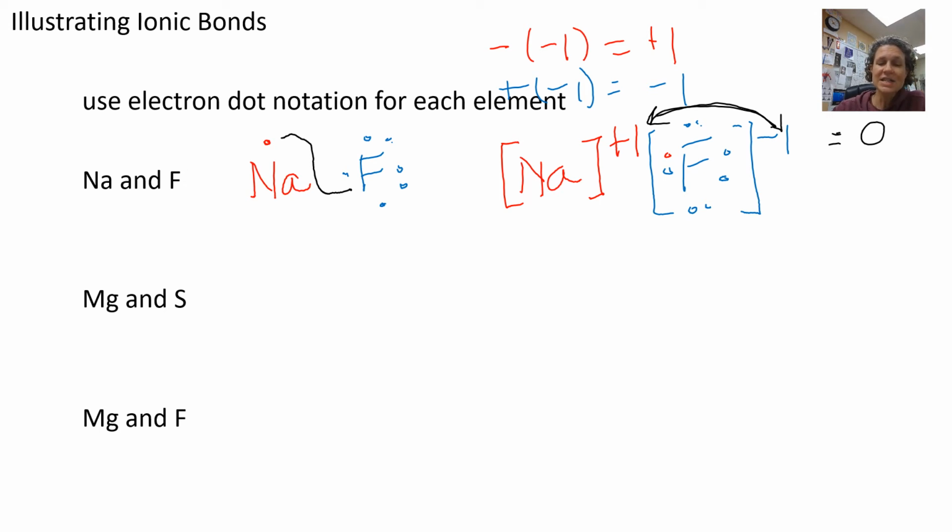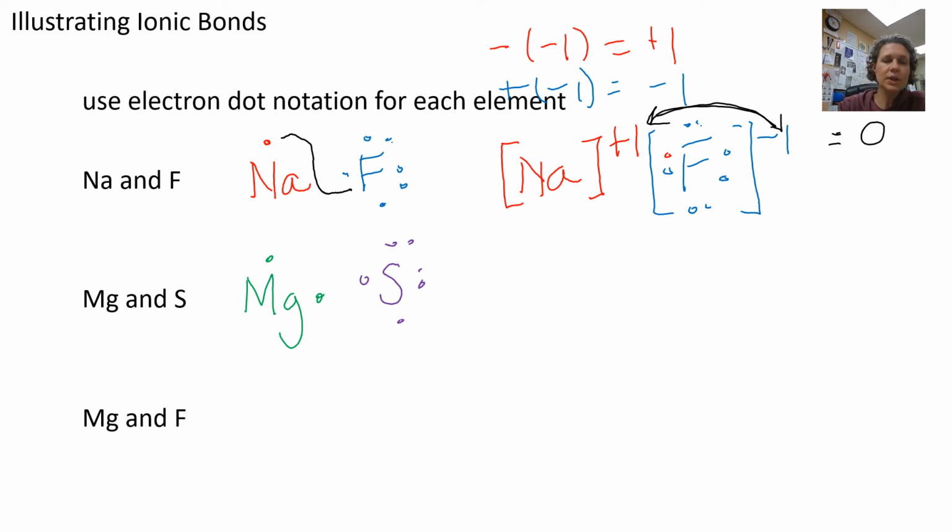Okay, now let's see, magnesium and sulfur. Here's magnesium. It's in column 2, so it has 2 valence electrons. And then we have sulfur. Sulfur is in group 16, so it has 6. Of these two, sulfur is more attractive to electrons because it has more to begin with.